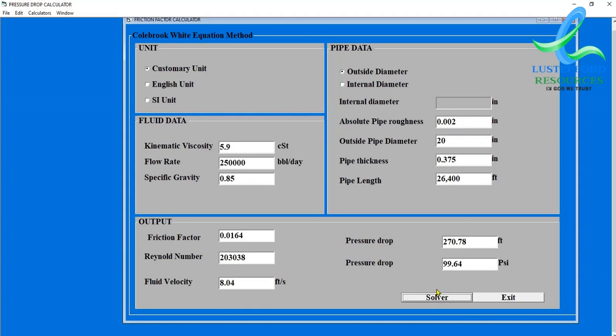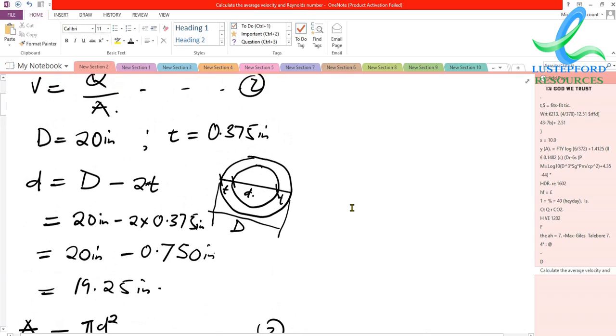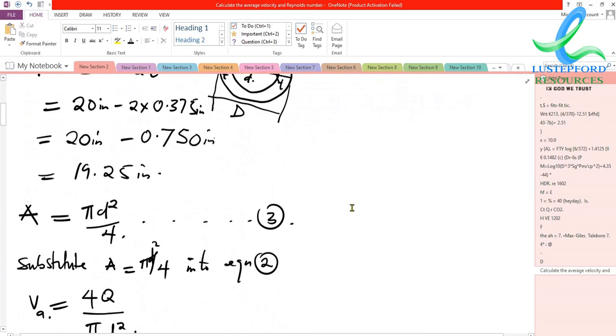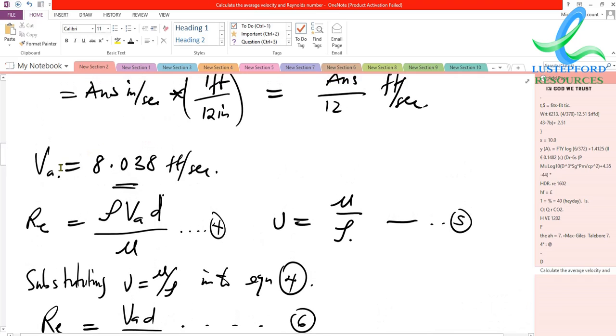So let's calculate. We have the friction factor. Let's compare with our calculator. In the previous questions we got our average velocity as 8.04.